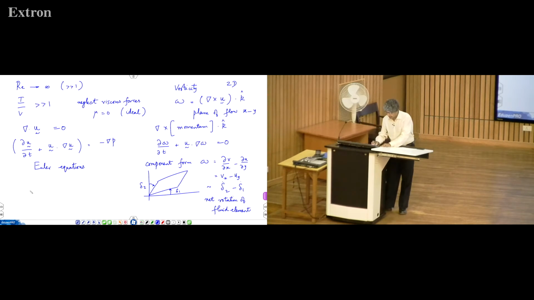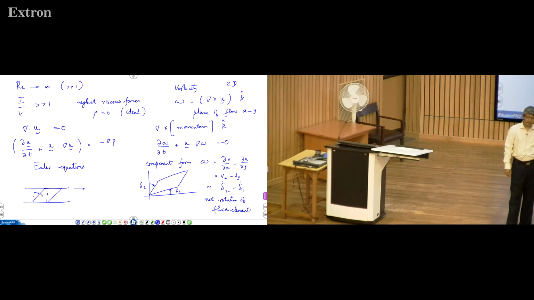Okay, so, in Newton's parallel plate experiment, when you move the top surface relative to the bottom surface, an element like this deforms and there is a rotation. It is getting rotated because of the shearing action.